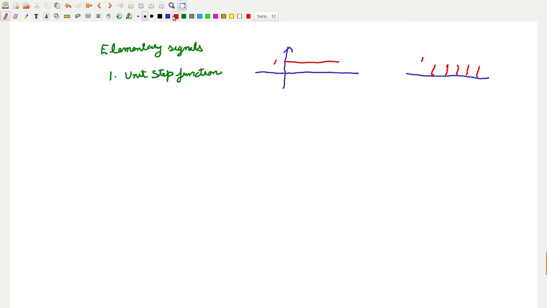The next elementary function is known as the unit ramp function. You know what a ramp is?